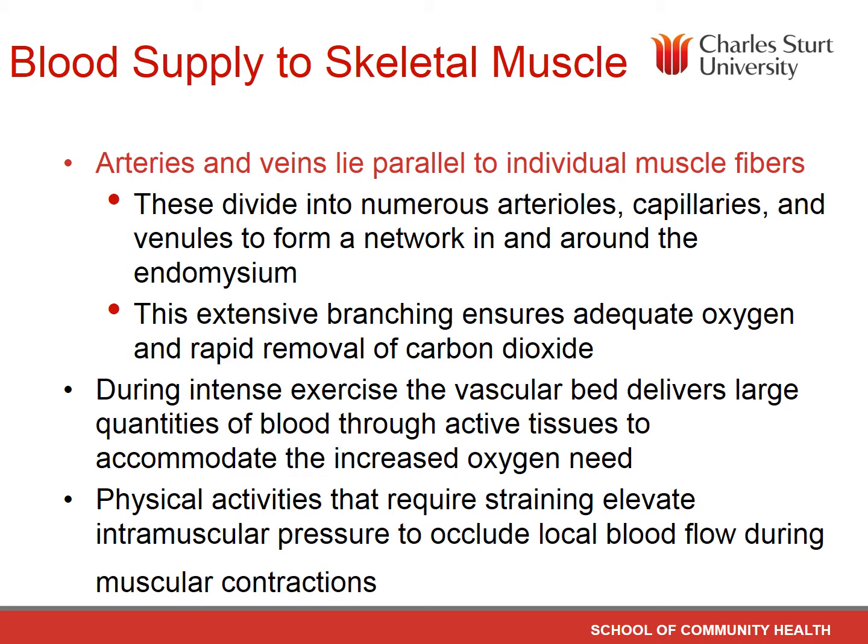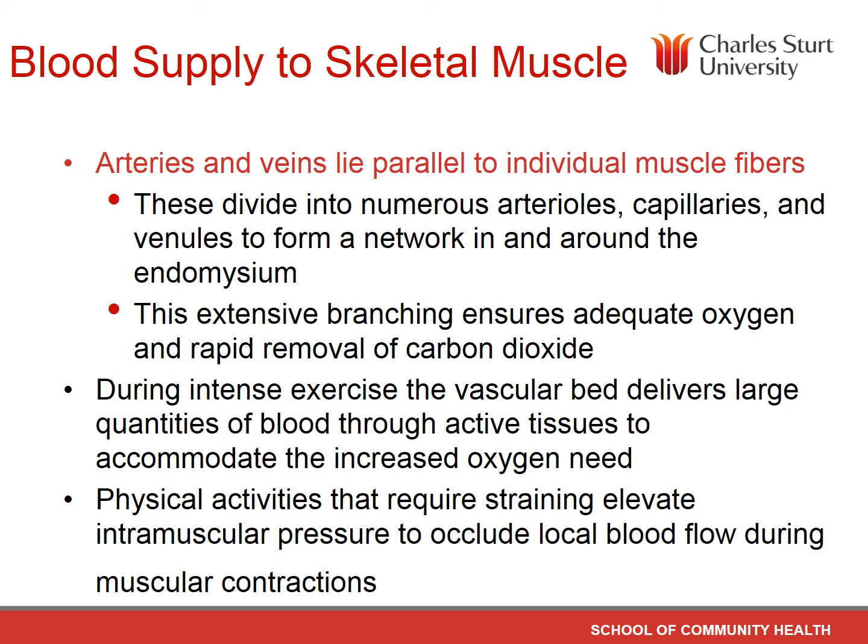Okay, now blood supply to skeletal muscle. We mentioned in the cardiovascular lecture, in lectures 7 and 8, also in week 3, that because skeletal muscle fibers have a lot of mitochondria and they produce a lot of ATP through oxidative phosphorylation, they need to have a good blood supply so that a lot of oxygen and other nutrients can be delivered, and we need efficient removal of carbon dioxide and other waste products from the muscle fiber.